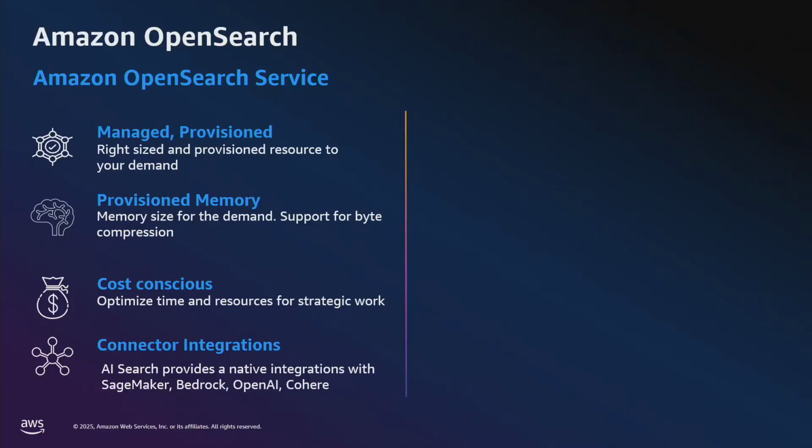It has two flavors. One is the Amazon OpenSearch Service, where you define the cluster based on your use case, and then you manage the cluster within the environment. And it's natively integrated with Amazon SageMaker, Bedrock, and third-party model providers like Cohere and OpenAI.